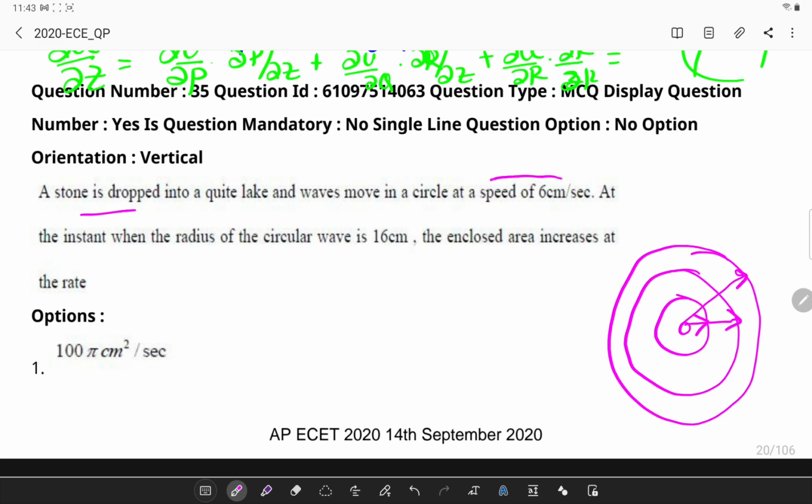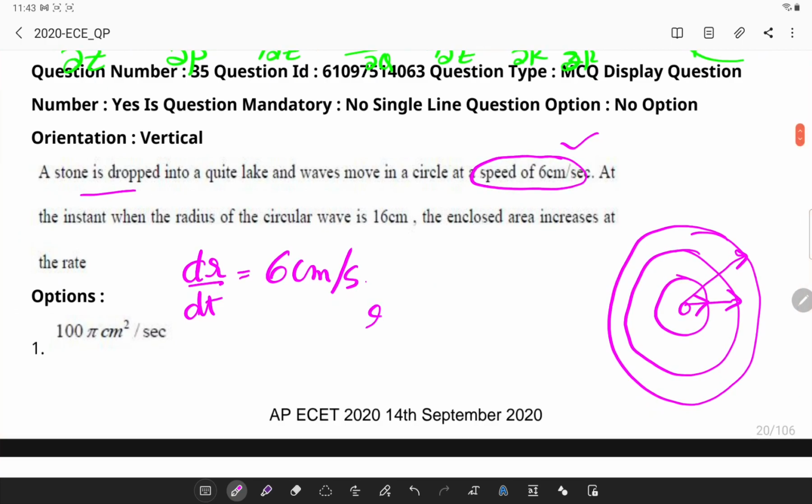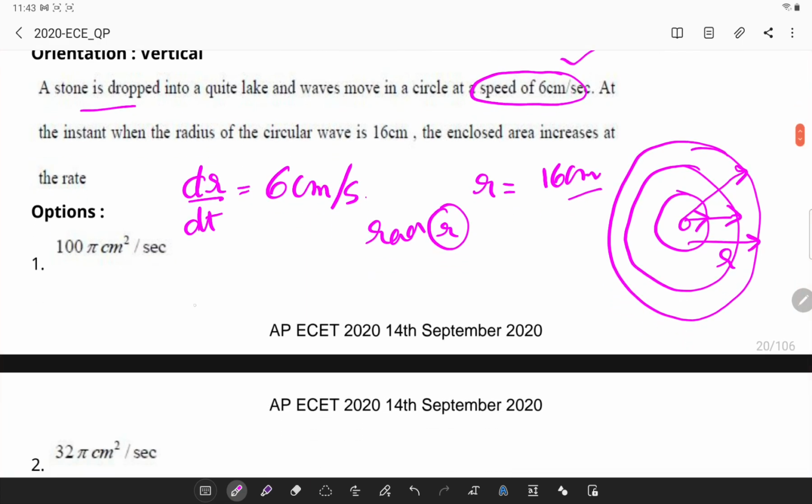We're saying that the speed of the wave is 6 centimeters per second, and the radius r of the wave is 16 centimeters. So now what is the area of a circle?